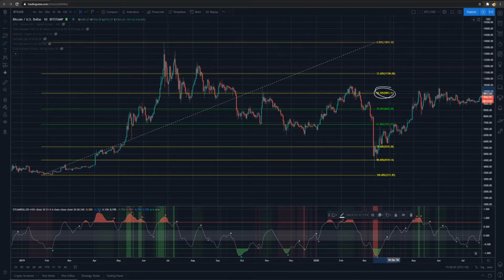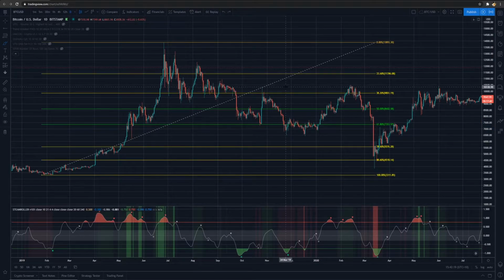And you can also use your Fib targets or your Fib levels to the upside without even moving them, might I add, for areas that you should be getting out of the market, or you should be taking some level of profit if you were in off that 61.